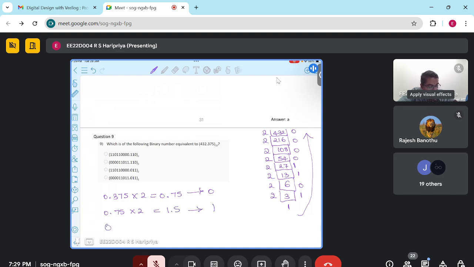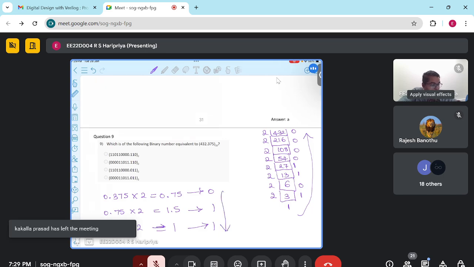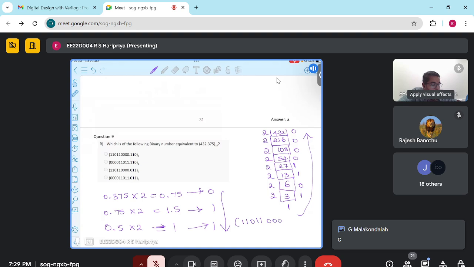Again 1. So 0.5 into 2, which is equivalent to 1. So 1. And this we will write in this order. So it is 11011000.011 in binary.